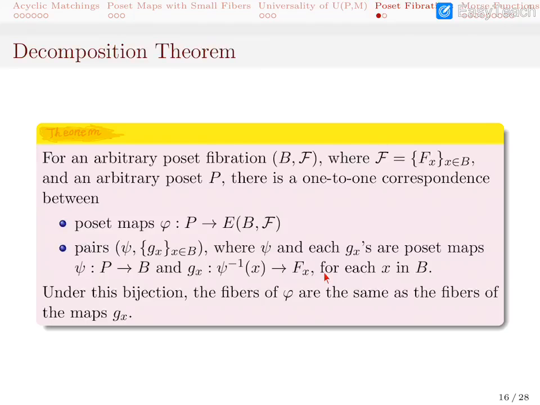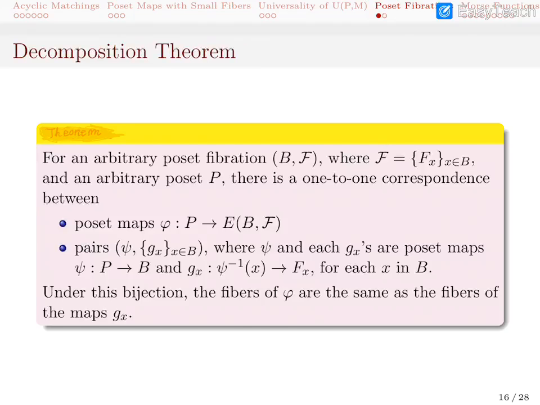And this is of course for each x in B. And finally, under this bijection, the fibers of phi are the same as the fibers of the maps G_x. So this is another technical theorem. I am not going into the proof. It is just some manipulation with the definitions, and it is also in my write-up. You can have a look if interested.